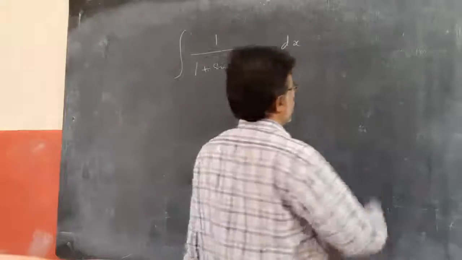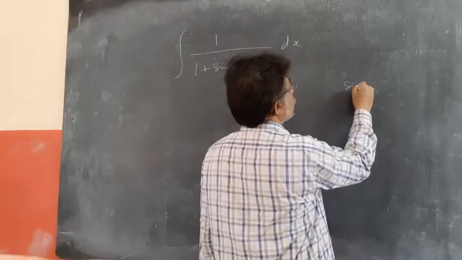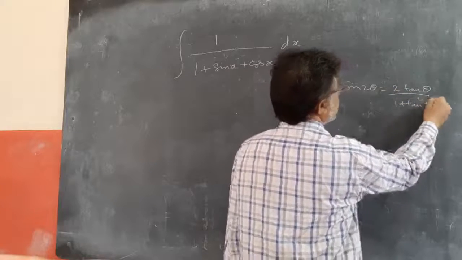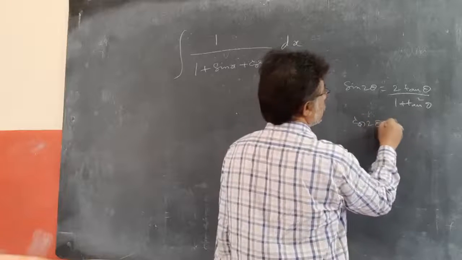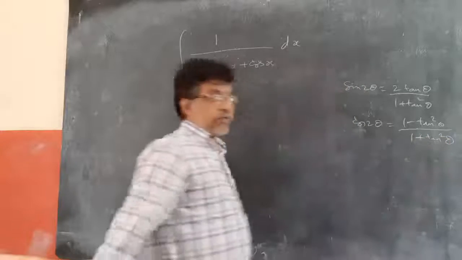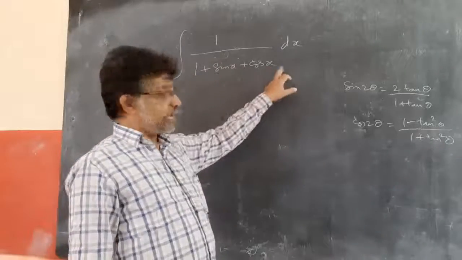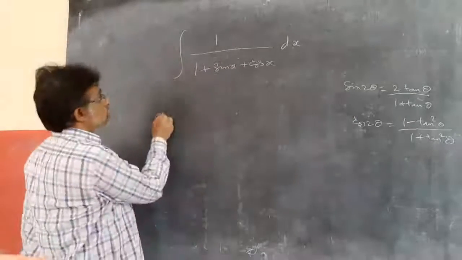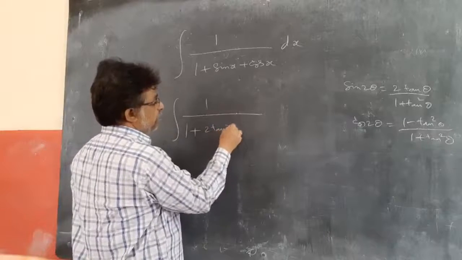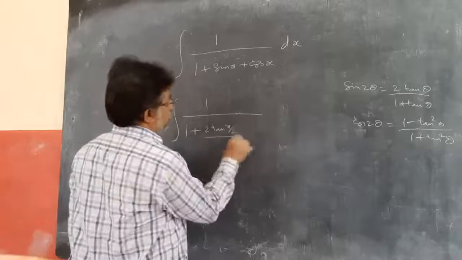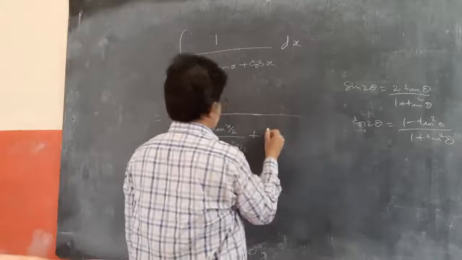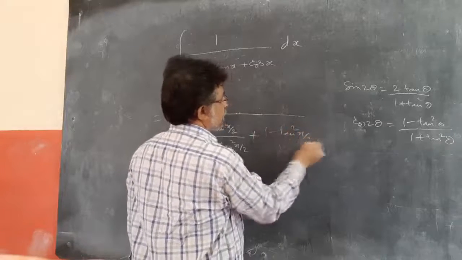So what I want to say is, we know that sin 2 theta equals 2 tan theta by 1 plus tan square theta, and cos 2 theta equals 1 minus tan square theta by 1 plus tan square theta. Using that, I convert 2 theta into tan. So the integral of 1 by 1 plus 2 tan theta by 1 plus tan square theta, where theta here is automatically x by 2, plus cos 2 theta in terms of tan, 1 minus tan square theta by 1 plus tan square theta.